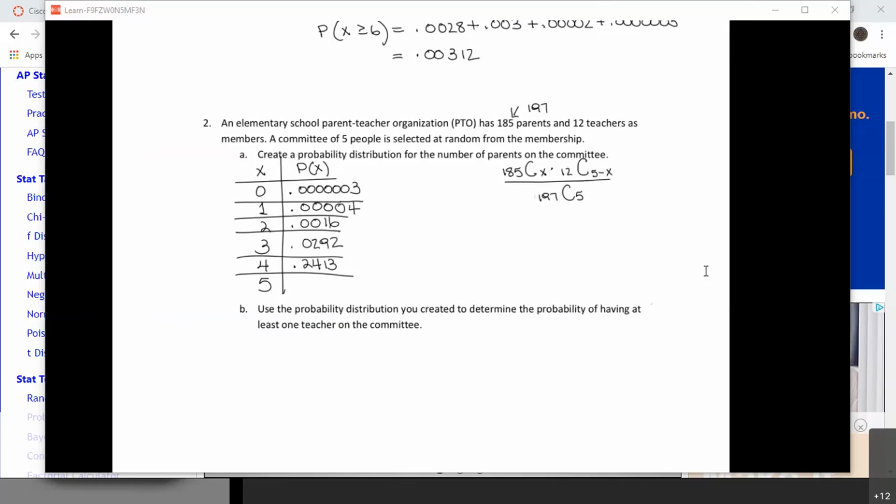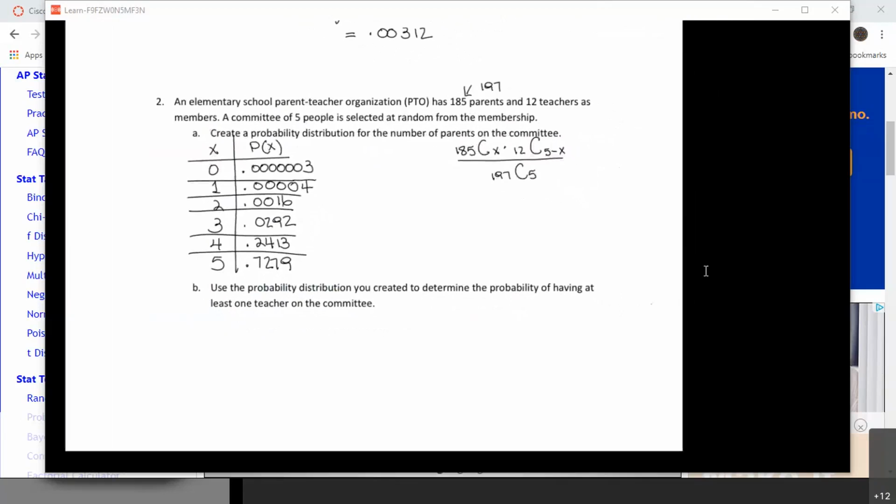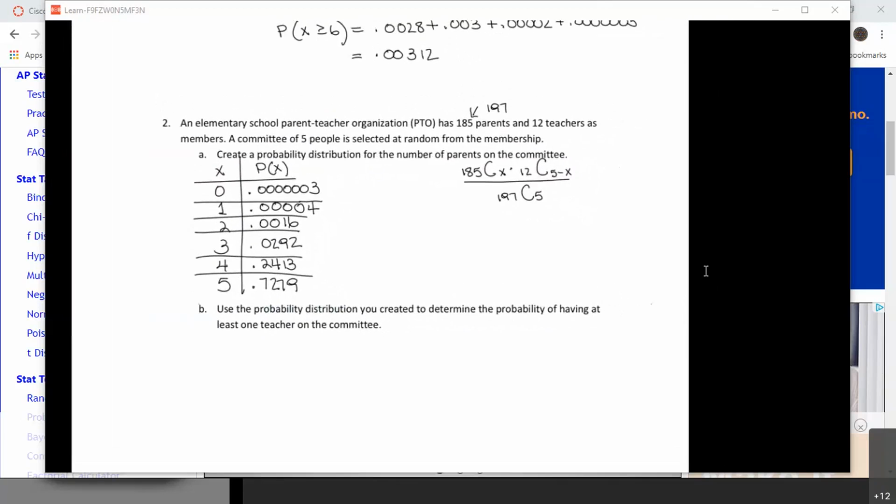And like you think, I would have the largest probability of getting a committee with 5 parents on it. Okay? Because again, there's an overwhelming number of parents in the organization, many, many more than there are teachers.